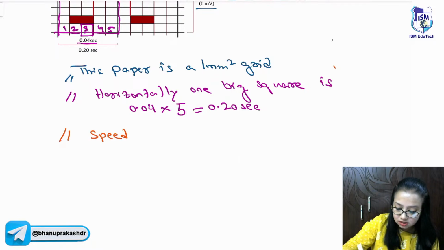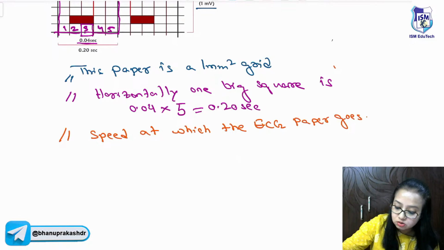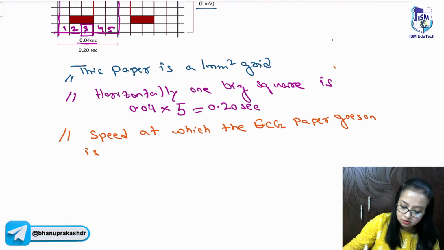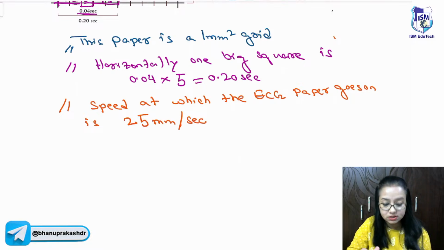The speed at which the ECG paper goes on is 25 millimeter per second. That is the normal speed.